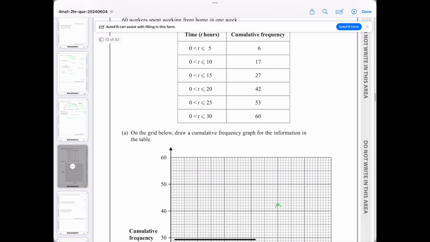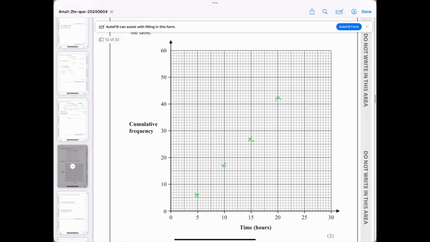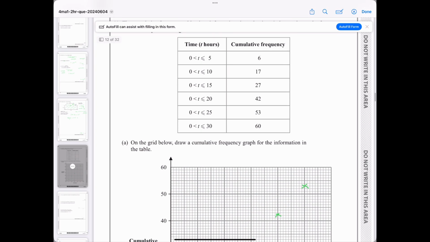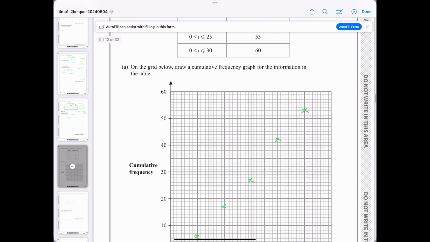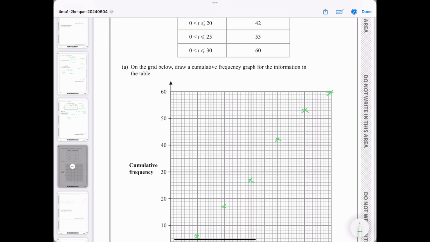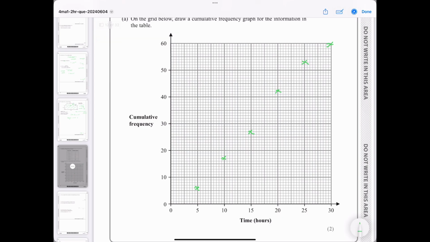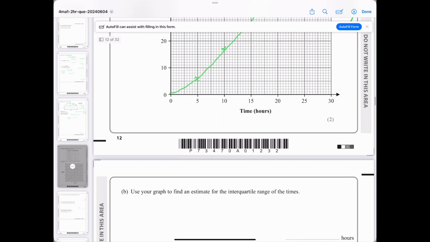And 25 is 53, so that's there. And 30 is 60. So there we go. Now you do a nice smooth curve. I'm sure your teachers have taught you this. Here we go. That's your smooth curve. None of these jagged edges.